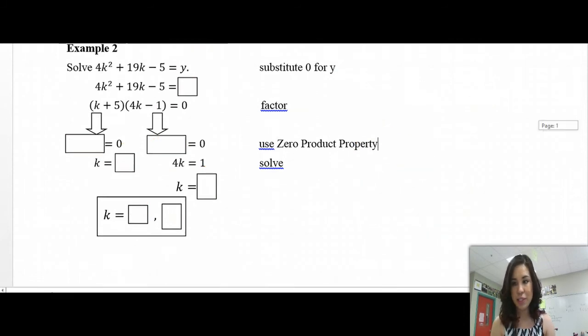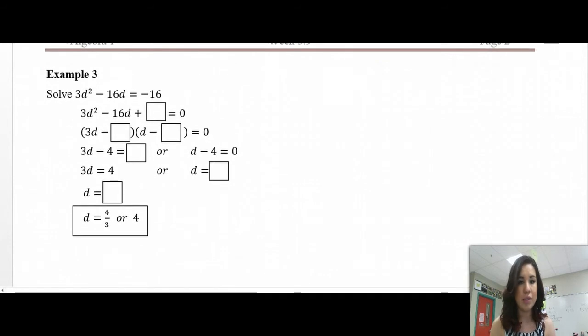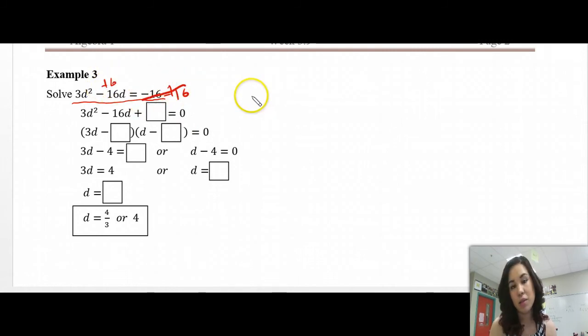Okay, let's take a look at example 3. Same thing, except if you notice, it's not in standard form. So we need to first get it into standard form before we do anything else. The first thing I'm going to do is add 16 to both sides, so that I end up with the quadratic in standard form: 3d squared minus 16d plus 16 is equal to 0.